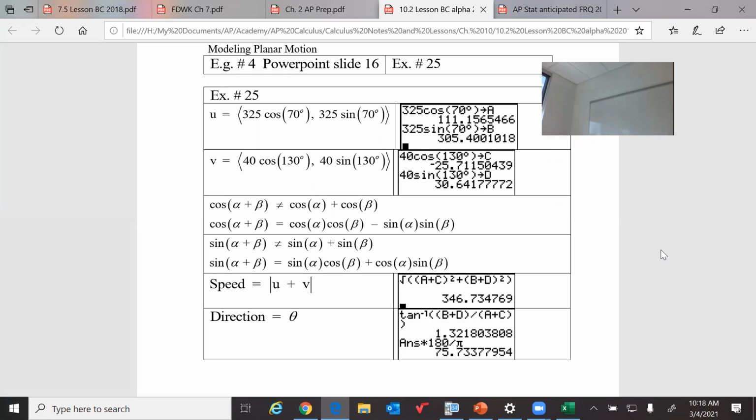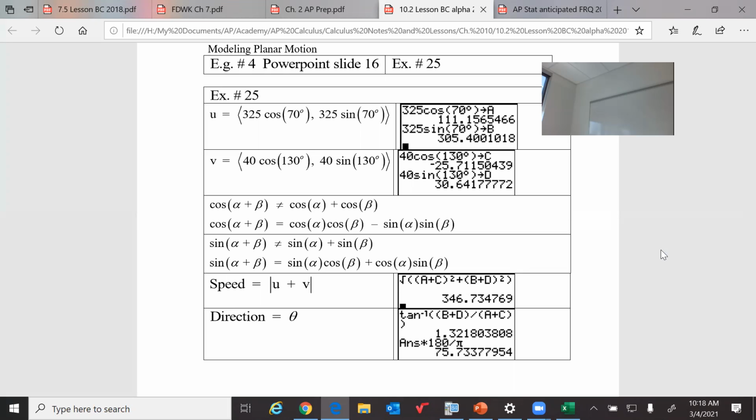Okay, the cosine in quadrant 2 is negative. Now, I think we're reminding you of the cosine of alpha plus beta and the sine of alpha plus beta. That's why you can't just add these. Yes?